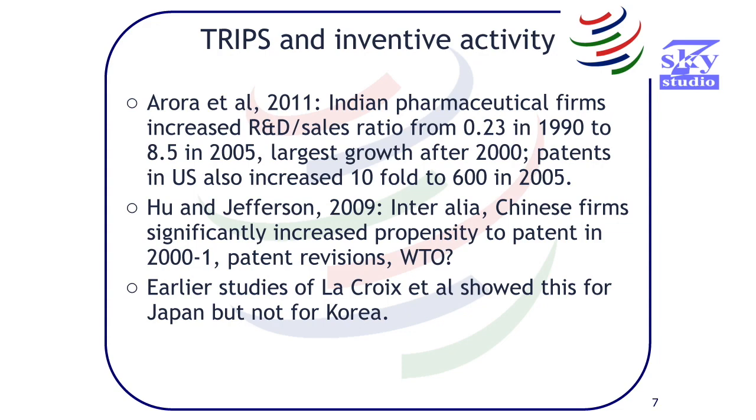But, for example, some other studies showed that this was the case for Japan, but not for Korea. So we don't have a very, very direct relation here. And the evidence that we see is more anecdotal than really 100% foolproof for all situations.